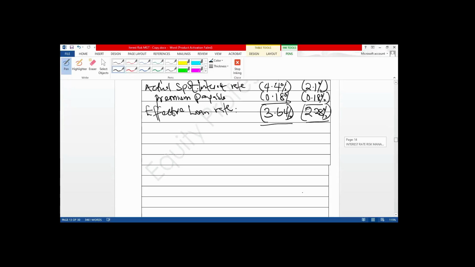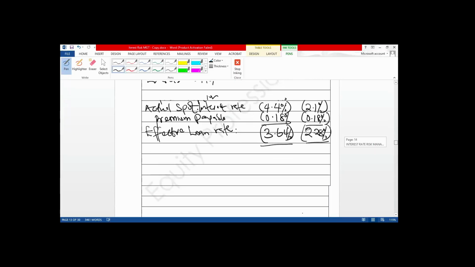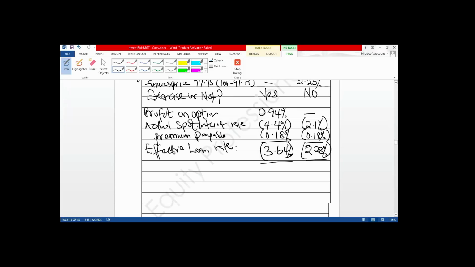You are right. This is the cash market transaction. Cash market. That is where you are going to bring the actual borrowing rate in.